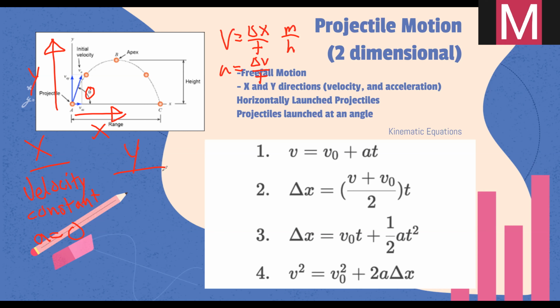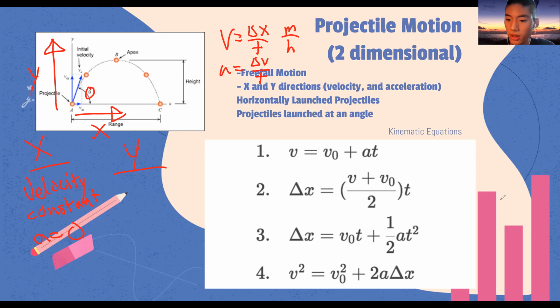For the y direction, you do have an acceleration, and I would like to give you guys a chance to start talking, and not always me talking, because it can be very boring this way. But if you would like, you can type in the chat, what do you think the acceleration is in the y direction? And just to clarify, to have an acceleration, you need to have a force.